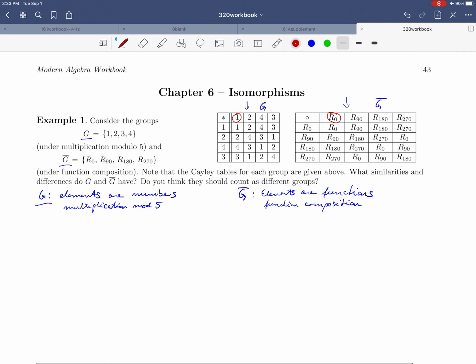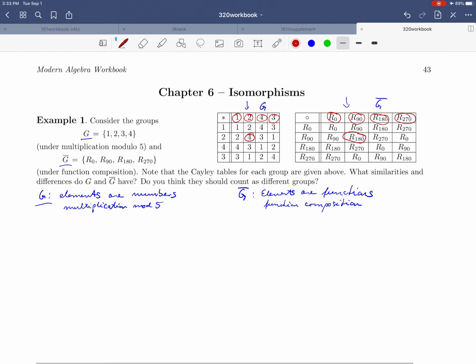And the element 2 behaves a lot like R90. For example, 2 times 2 is 4. We get this entry right here. R90 composed with R90 is R180. It behaves very similarly. Similarly, 4 behaves like R180 and 3 behaves like R270.